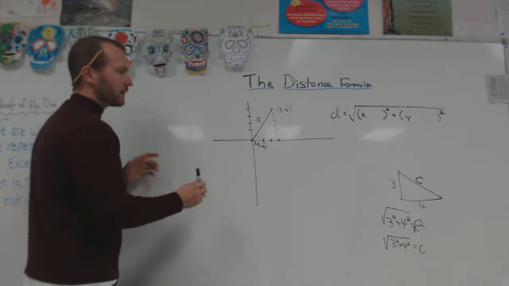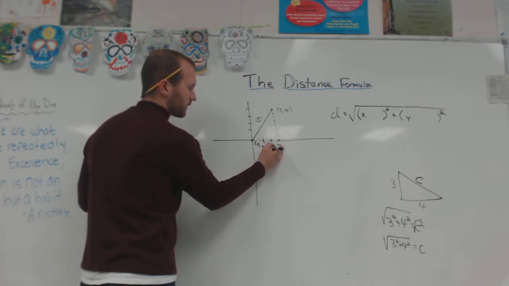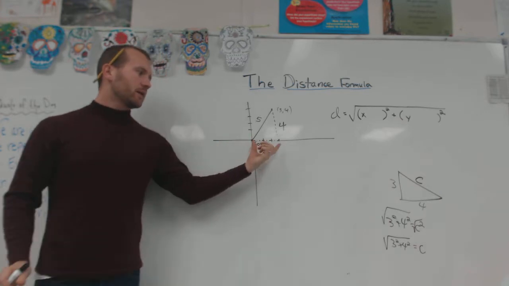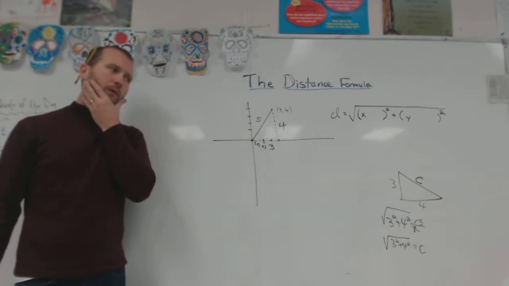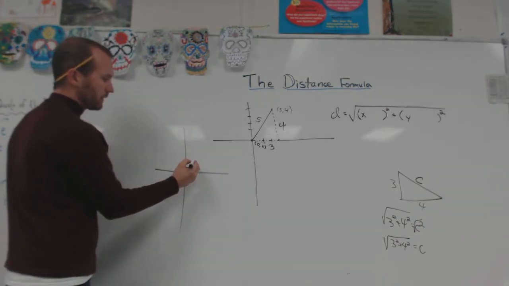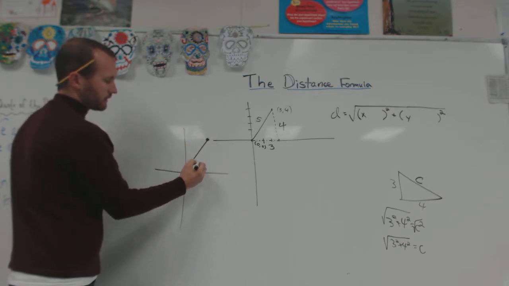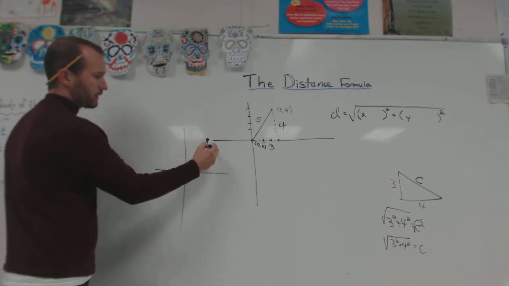How did we figure out that the length of this side was 3? And how do we figure out the length of this side was 4? How do we know that? Or going back to our other graph, how did we know that the length of one side was, I don't even remember what it was now, 2, and the other side was 3?